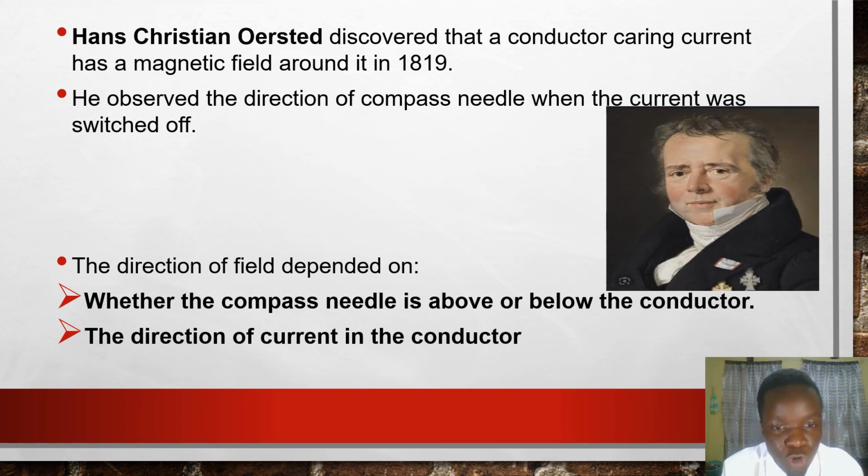The alignment of the needle will be different when it is below the conductor than when it is above. And about the direction of current, when current is moving forward, the needle will point in a different direction than when the current is moving backwards.